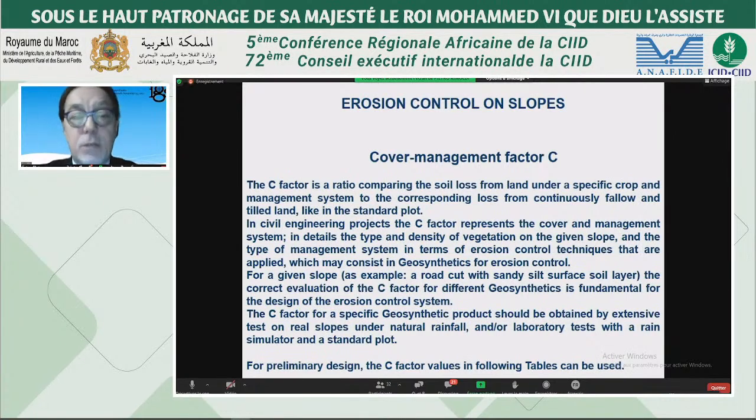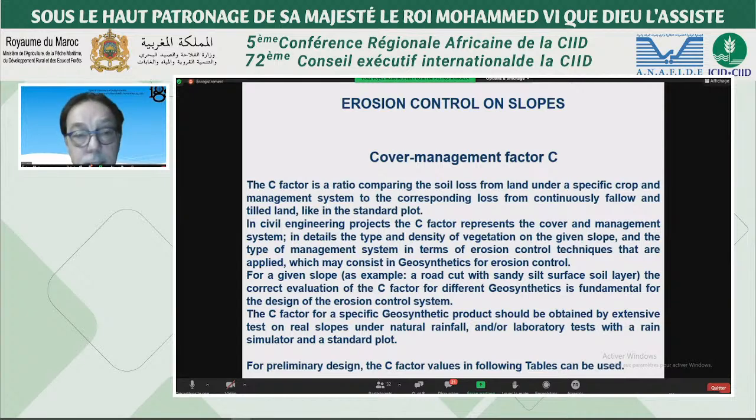De toute façon, le plus important facteur pour nous, c'est le taux de perte de sol, que le projet en ingénierie civile représente : la couverture et la gestion, le système de gestion.